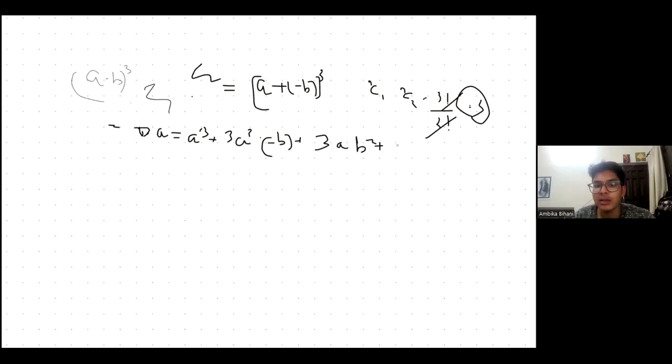So we'll write only (minus b) whole cube. That will again give a negative. So if I write it out, it will be a cube minus 3a square b plus 3ab square minus b cube.